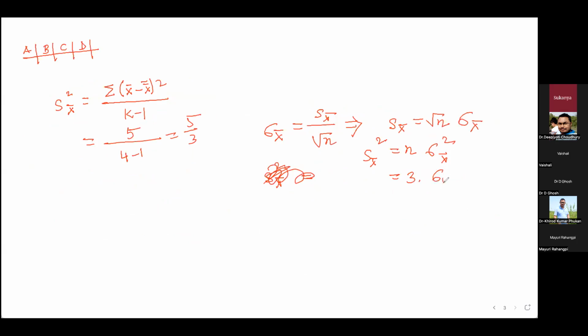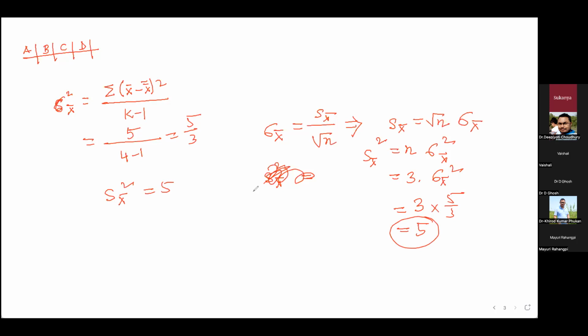And multiplied by sigma x square. Sorry, it should be sigma x square. So Sx square in this case will be equal to 3 into 5 by 3, because we have already calculated the variance here, 5 by 3. I put the value here, and I get the response as 5.